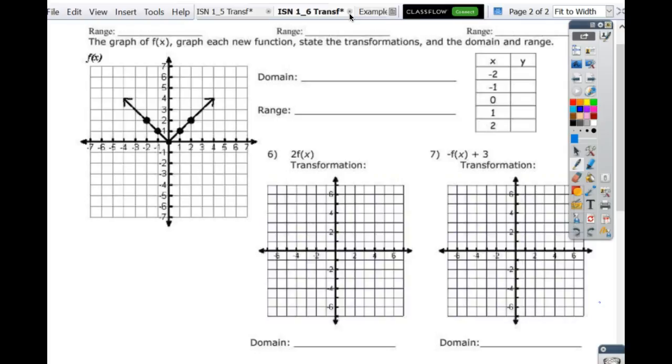This is called an absolute value function. One way to remember it: absolute value, we have the V for value, and the graph is in the shape of a V. And here's what we use the absolute value function for. It's for distance. If I am a football player and I'm running and I start at one end zone, I go to 10, 20, 30, 40, 50, and then what happens?